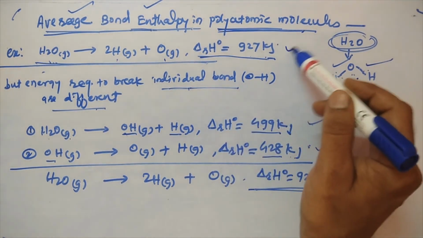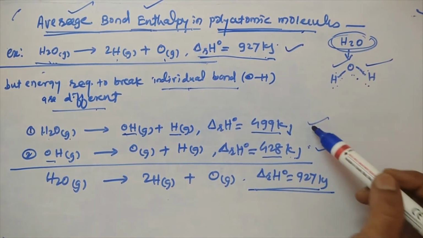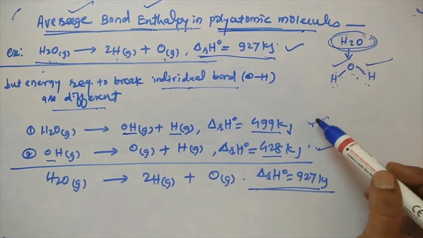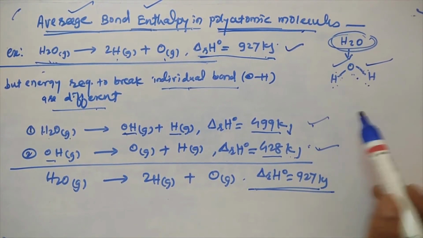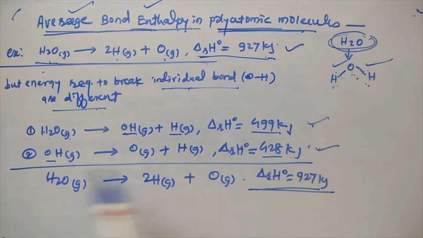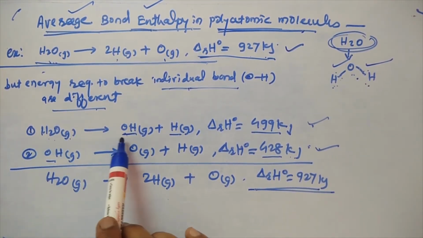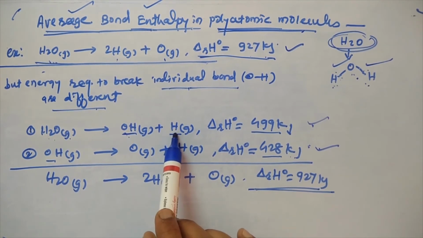If it takes place in 2 separate steps, for breaking each OH bond, then in the first equation H2O gives OH and H, the fragment OH and atom H separate, that means one OH bond is broken.